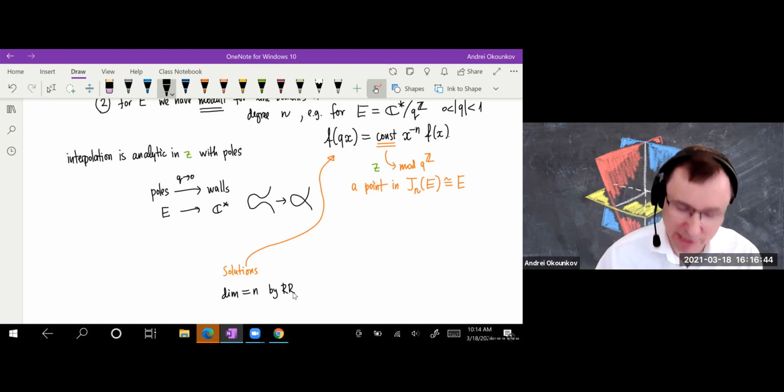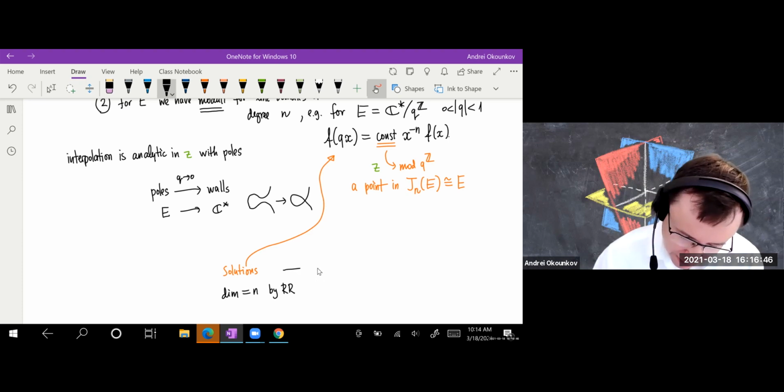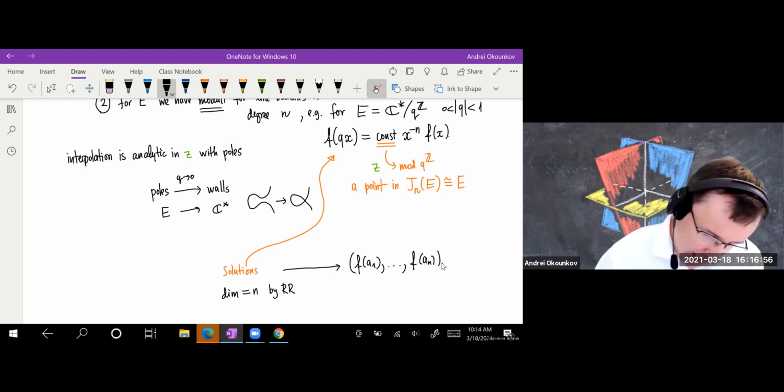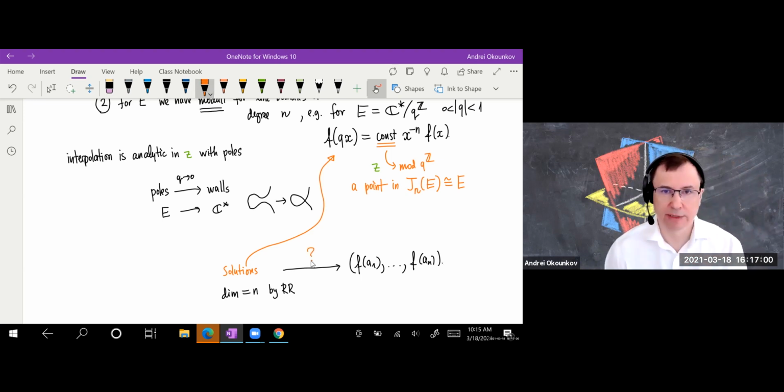That is this dimension. This is an n-dimensional space of solutions, and interpolation is about the map evaluating it at n points. And the question is whether this map is surjective, right? So whether this map is an isomorphism.